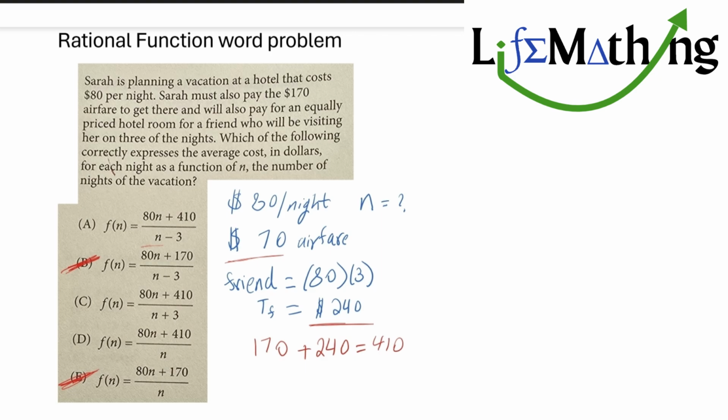So it cannot be subtracting because we're not removing days. So that doesn't add up, okay? So for sure, it cannot be A. And it cannot be adding because her friend is not staying 3 days after her. Her friend is staying 3 days on the same days that she's staying. It's just going to be n because it's in the same timeline that Sarah is staying. So that means D has to be the final answer.